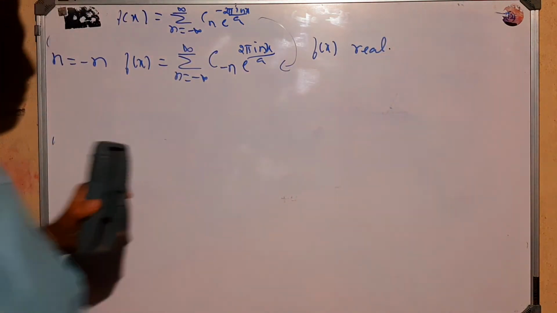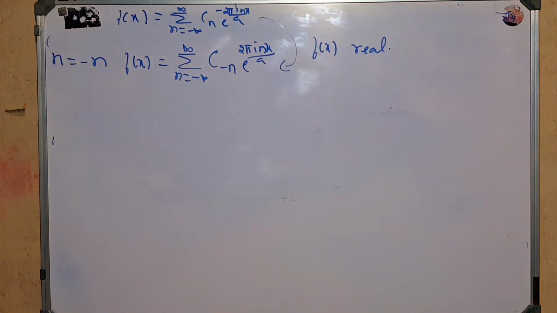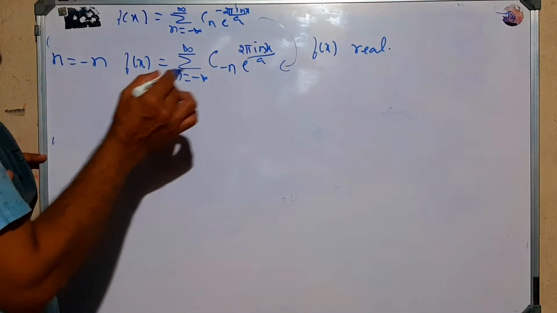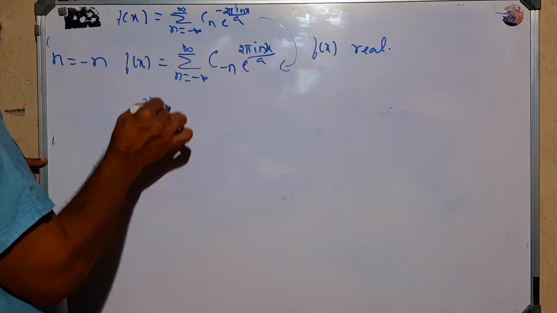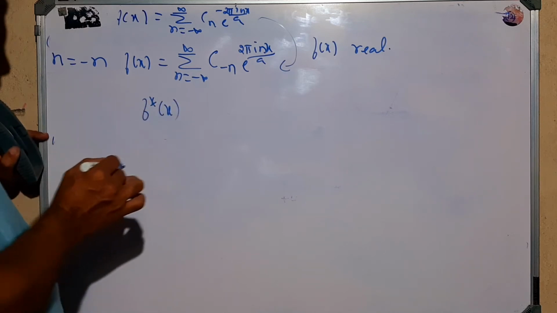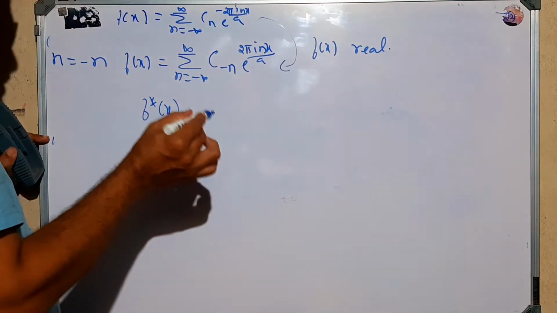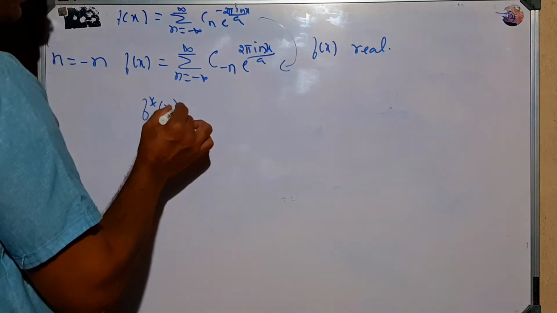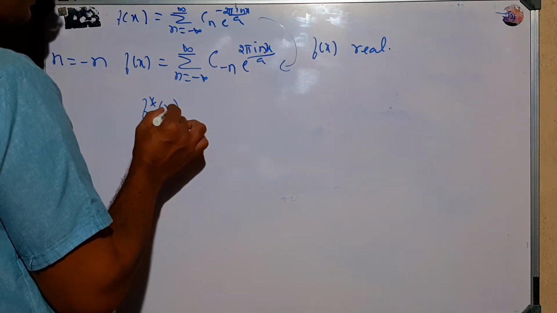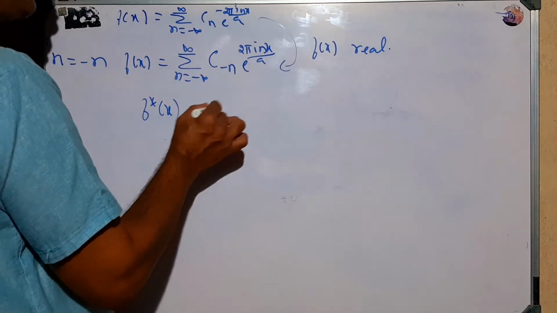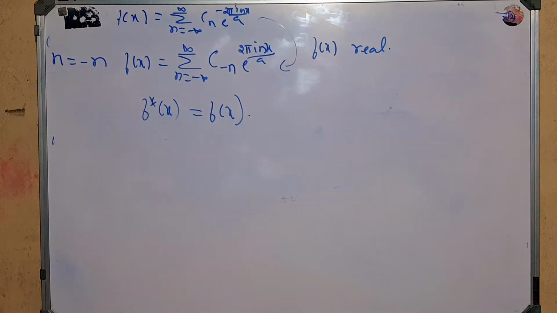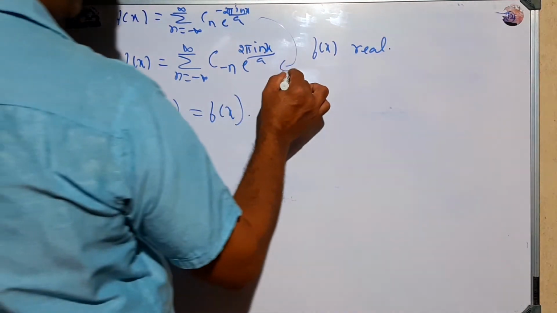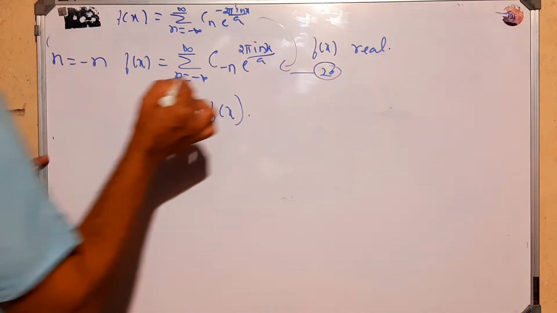So, since f of x is real, if you take the complex conjugate of f of x, then what happens if I write f star of x as the complex conjugate of f of x? Since it is real, the complex conjugate f star of x is equal to f of x. See, this you can call equation number 20.